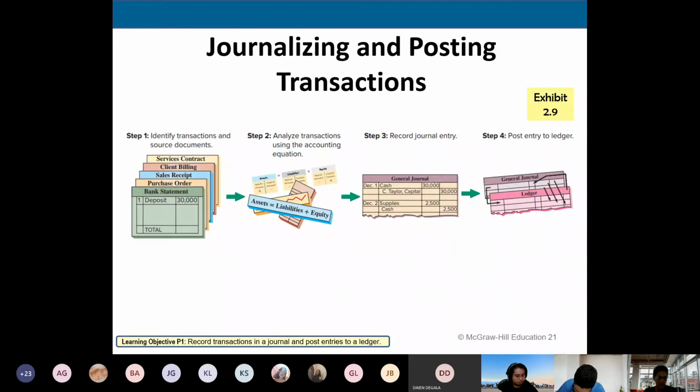So ilalagay mo lang dun, magno-note ka na lang na for example on September 1, 2020, the company made an agreement with the bank.